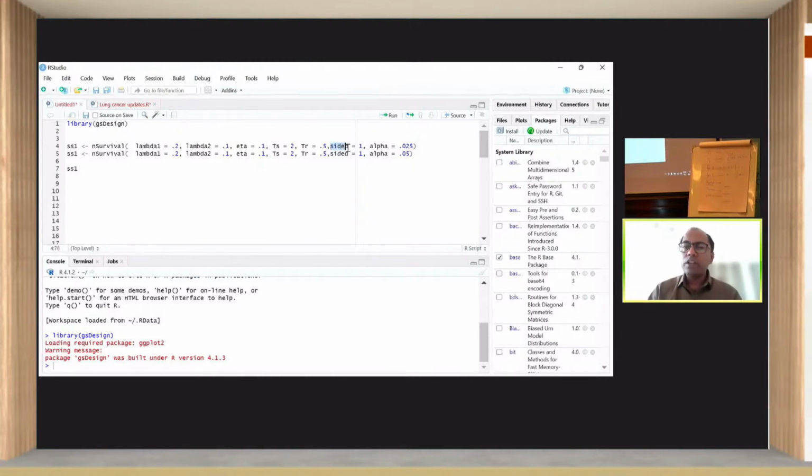Now this ingredient, we are talking about the side. It is two-sided or one-sided. If you are talking about the side, that means you are expecting that lambda 2, the experimental arm, is always going to have the better hazard rate as compared to the existing arm.